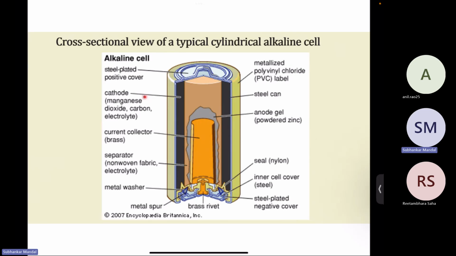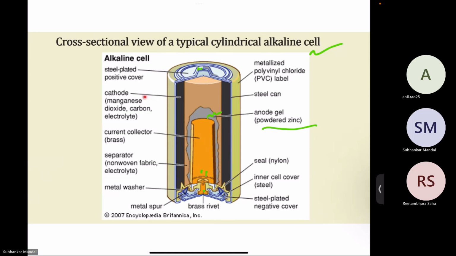I'm not going to discuss more about that, but this is one of the alkaline cells. Basically, this is the anode gel powder, and here is the metal brush for one connection, and the other connection is here.